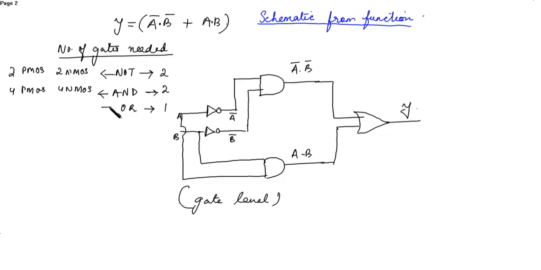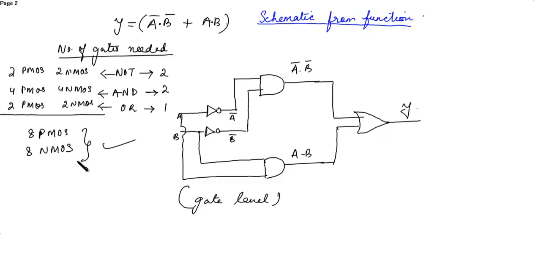For implementing one OR gate, we need 2 PMOS and 2 NMOS. So if we follow this, then the total number of PMOS and NMOS needed will be 8 PMOS and 8 NMOS. Keep this in mind. We should always try to minimize the number of PMOS and NMOS. So we'll see that later on. How will you minimize that?